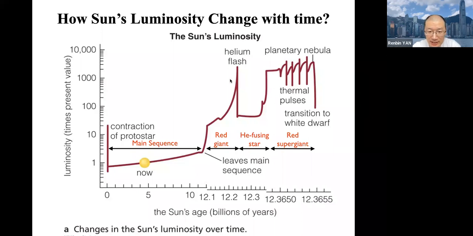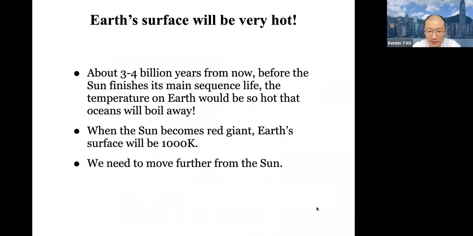And then in the red giant phase, it gets much higher, and then it reduces during the helium fusing stage, and then it gets higher again during the red supergiant phase. And when it transitions to a white dwarf, it drops significantly to much lower luminosity. So because its luminosity becomes so much higher, the temperature on Earth will be much higher.